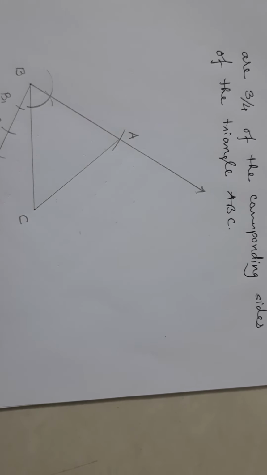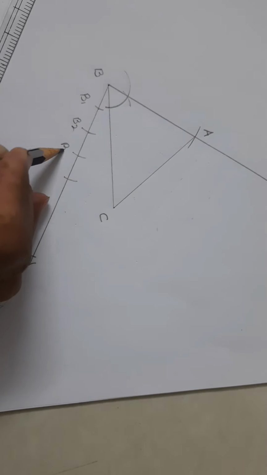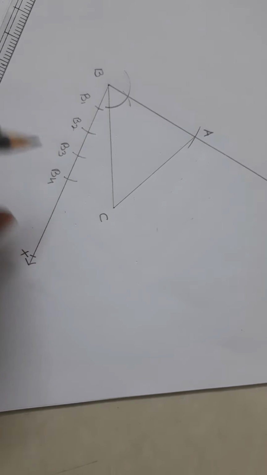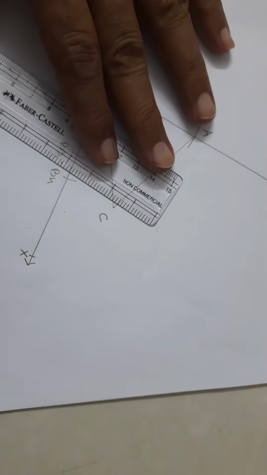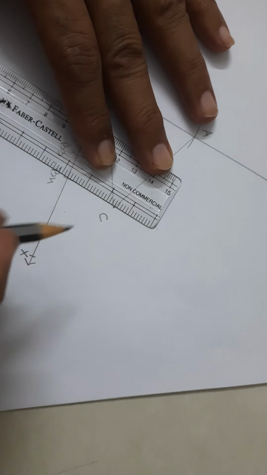Let's label B1, B2, B3 and B4. Now I join B4 with C because the triangle to be constructed is going to be smaller than the given triangle.